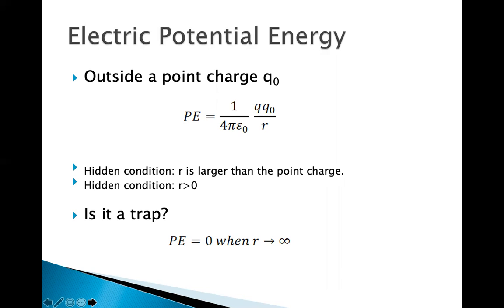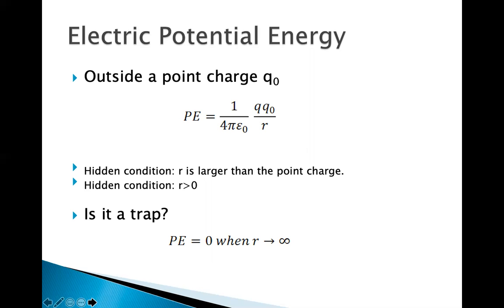And epsilon 0 is the vacuum permittivity constant, as we introduced earlier, one of the two constants that together define the speed of light. So is this a trap? Yes, this acts very similarly when we consider the conservation of energy. When two charged particles are infinitely separated, the potential energy is zero.